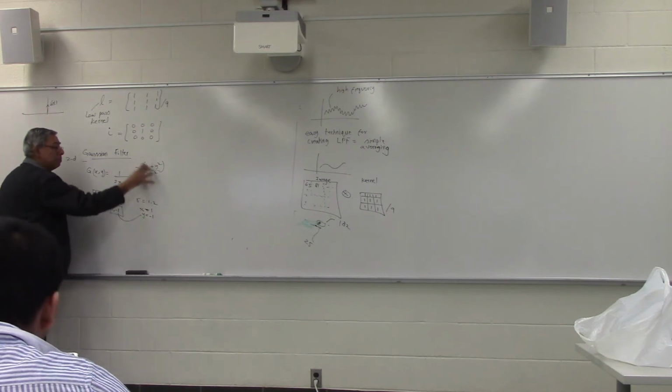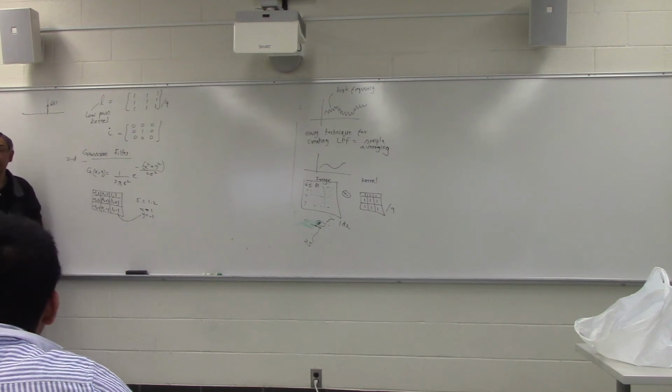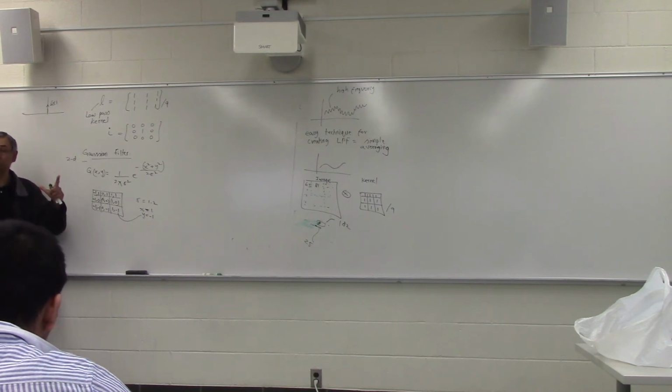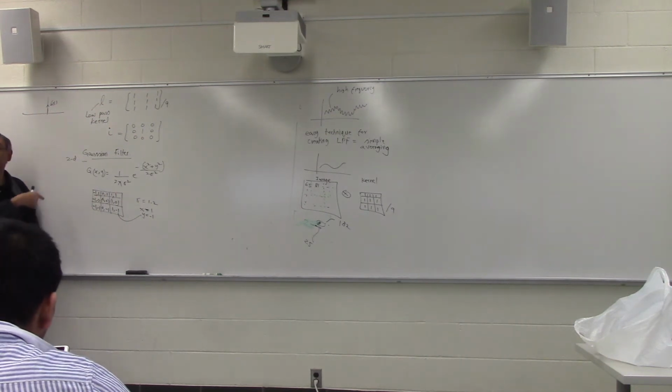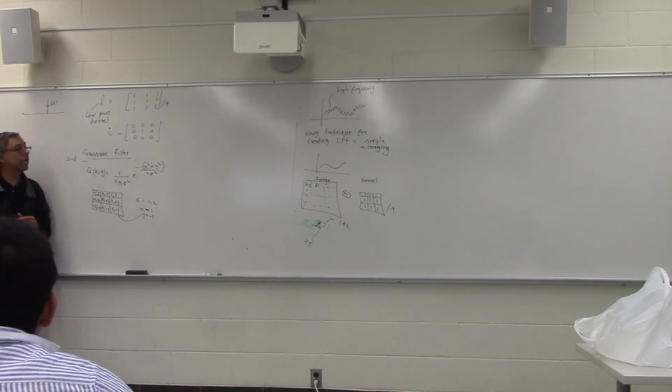Whatever number you get will be the value of the kernel there. Now, one of the rules was that when we add up all the kernel values, they should sum up to 1. So what you will do is add up all the numbers and then divide each value by that number so that the sum comes out to be 1.